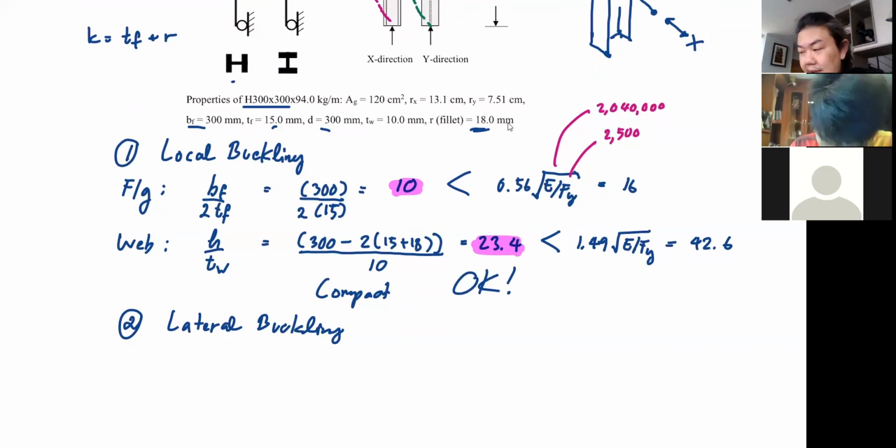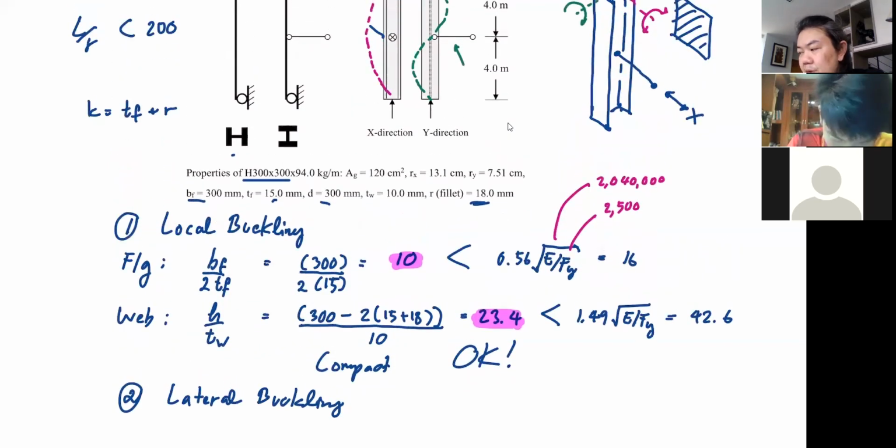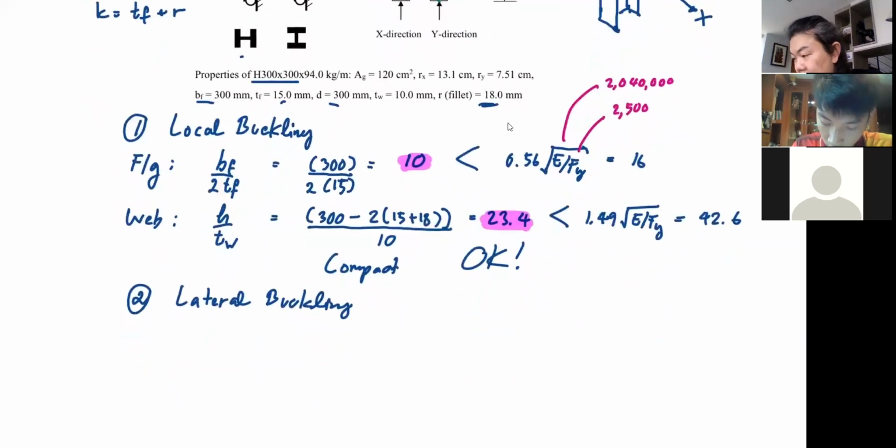So it's doubly symmetric section. And that means we can have lateral buckling in both X and Y direction, depending on which axis has more slenderness ratio, right? So this time, because we have the bracing for the buckling in Y axis, we better check both, okay?